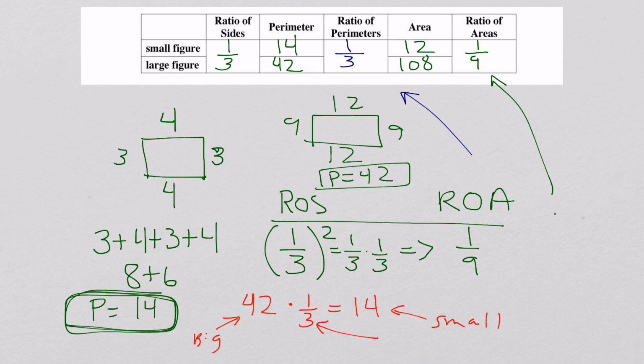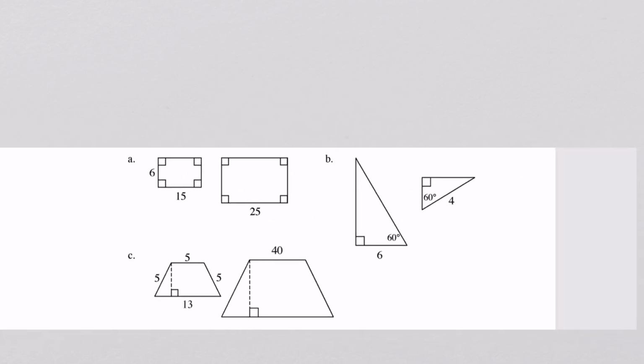Okay, so what I'd like you to do now is some practice. So try these and see how you do. Right here. So I want you to try these problems. These are 3 pairs of similar shapes. They are all similar.